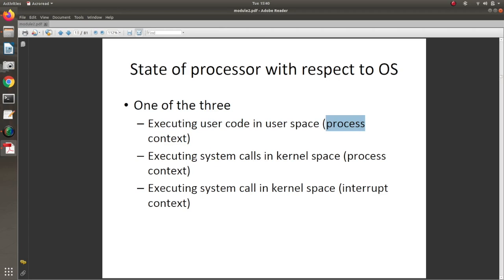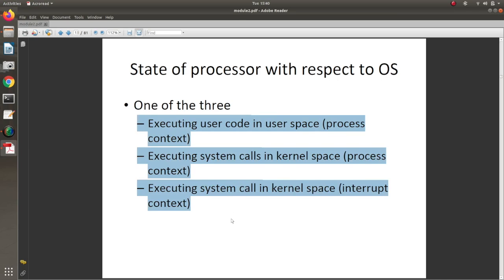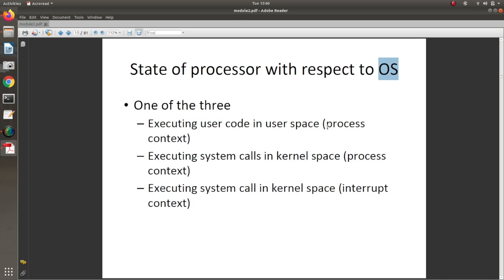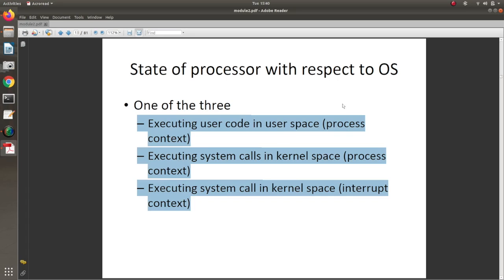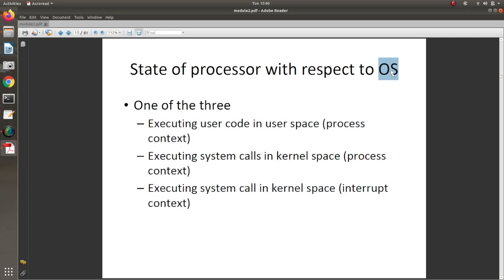Also, some of the system calls in the kernel space run in the process context, that is, if it's a process. And system calls also run in the interrupt context, that is, if we have a hardware interrupt, like a keyboard interrupt. These run in the kernel space. So these are the three tasks that the processor performs with respect to the operating system.